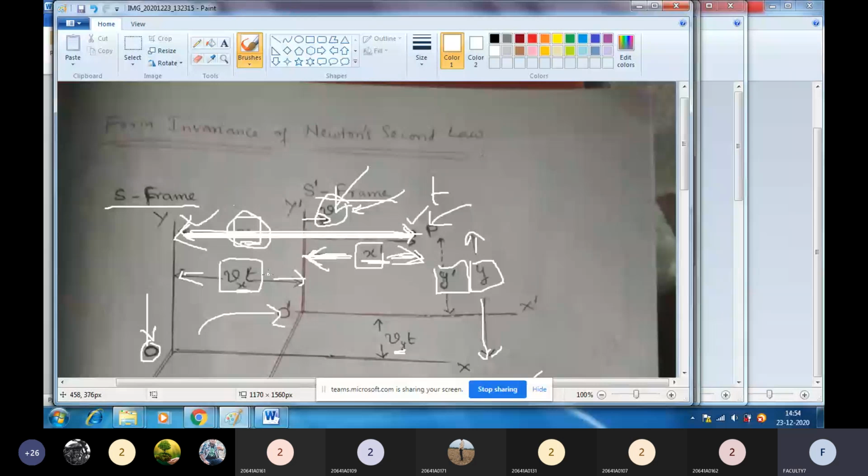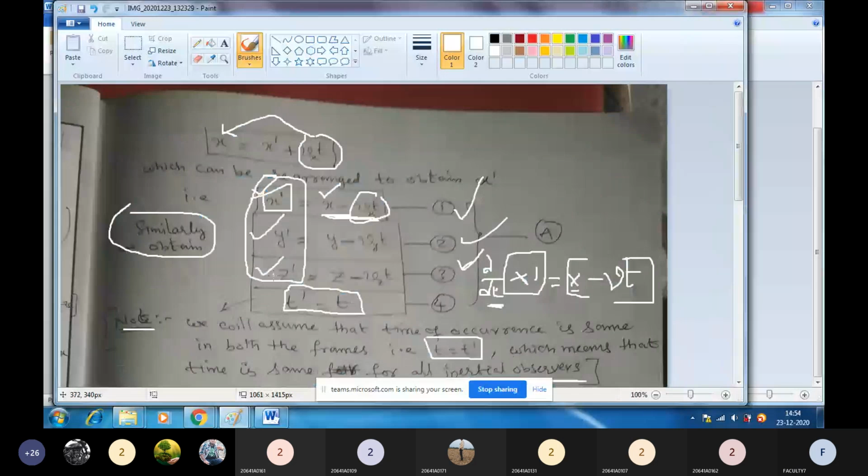So if you add these two, you are going to get the x. That we wrote in the form of equation. Okay, this was the equation here. x equals x prime plus vt, and we had converted the equation.